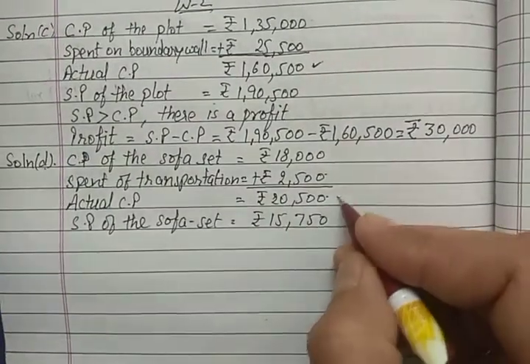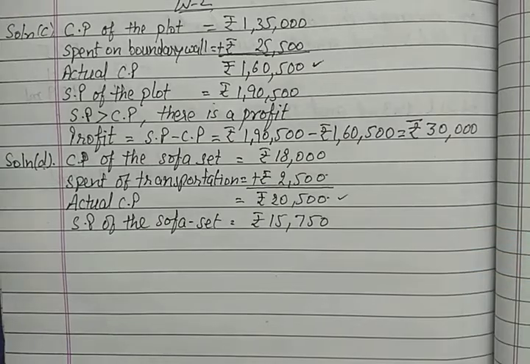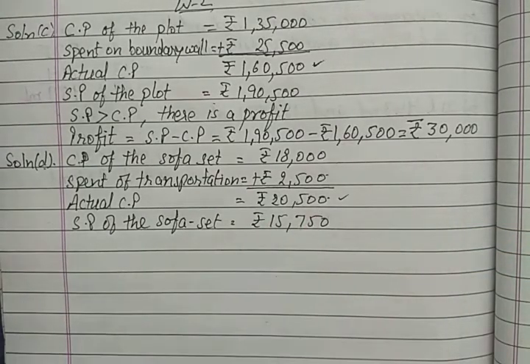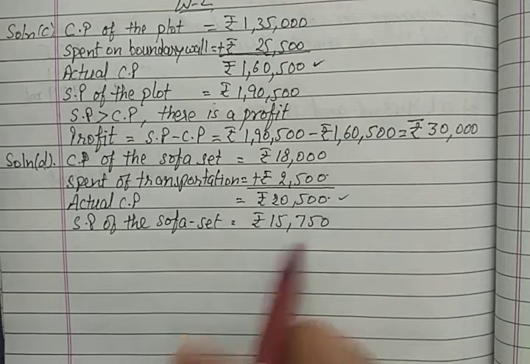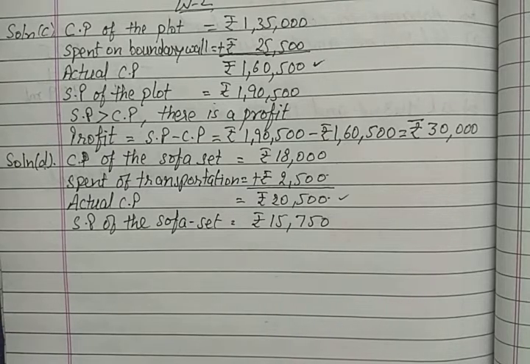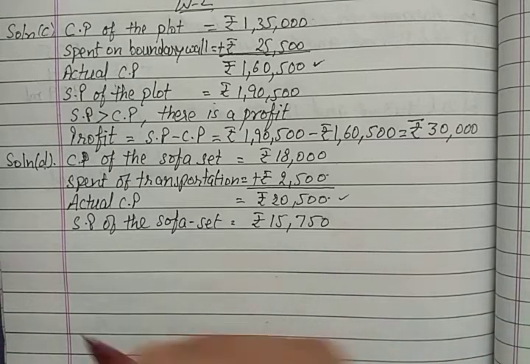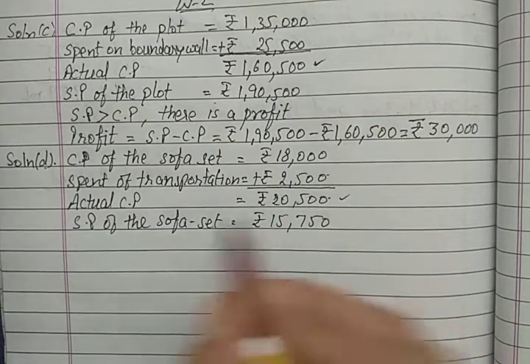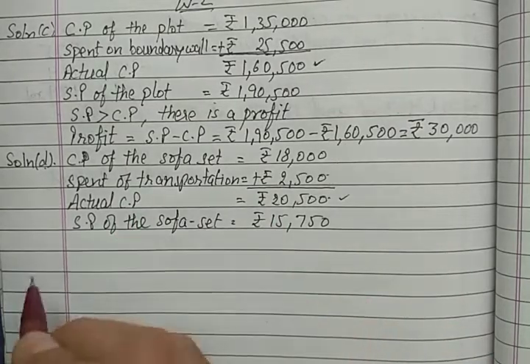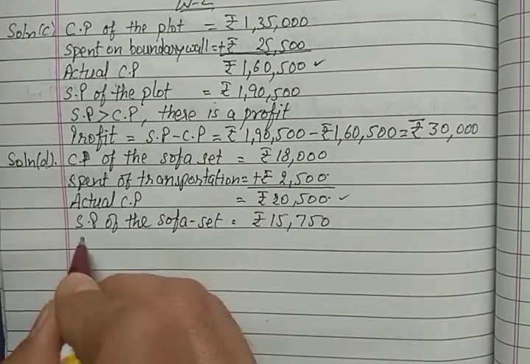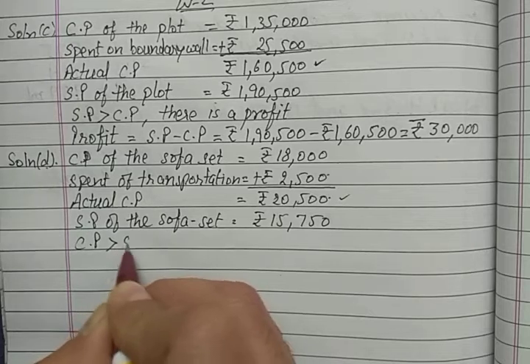Now this is the cost price and this is the selling price. Compare them. So here the cost price is 20,500 and the selling price is 15,750. So in this question the cost price is more than the selling price. The cost price is greater than the selling price.